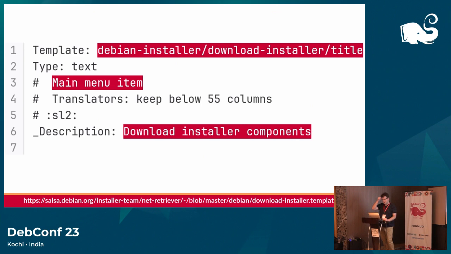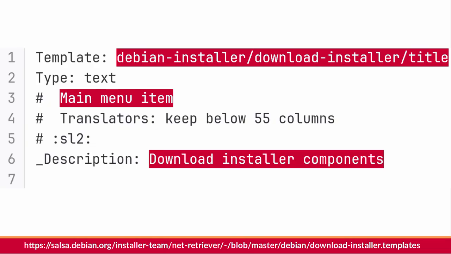This template file has a weird structure if you haven't seen it before. There's this template name, debian-installer/download-installer/title, and as a comment it has a main menu item. And as a description it has download installer components.